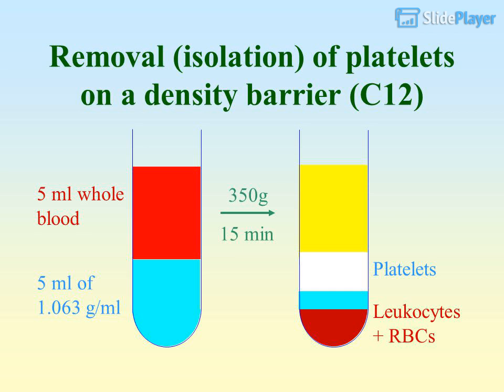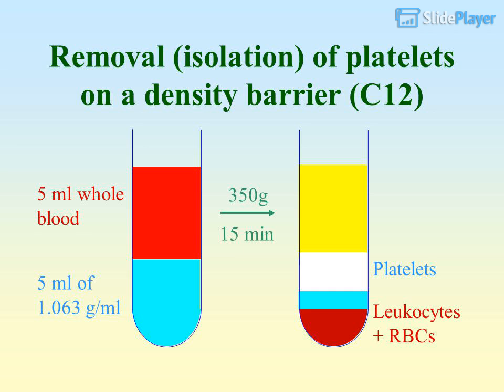Removal, isolation, of platelets on a density barrier, C12. 5 milliliters of 1.063 g/ml, 5 milliliters whole blood, platelets, leukocytes, plus RBCs. 350 g, 15 minutes.